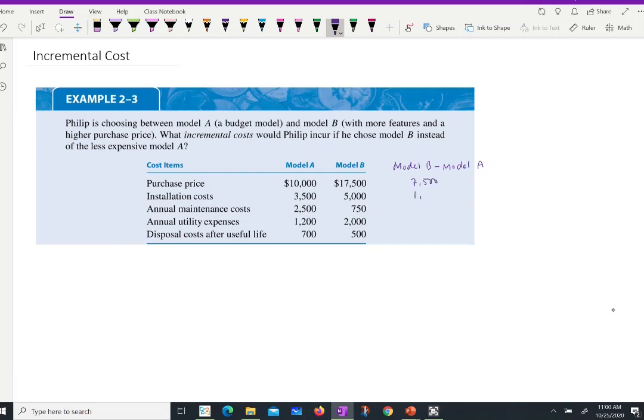This one 1.5 thousand, and here we have minus 1,750, and the annual utility expenses is about 800, and disposal cost after useful life is minus 200. So what we can see here is the incremental cost of B. If you want to buy model B, this is considered as incremental cost.